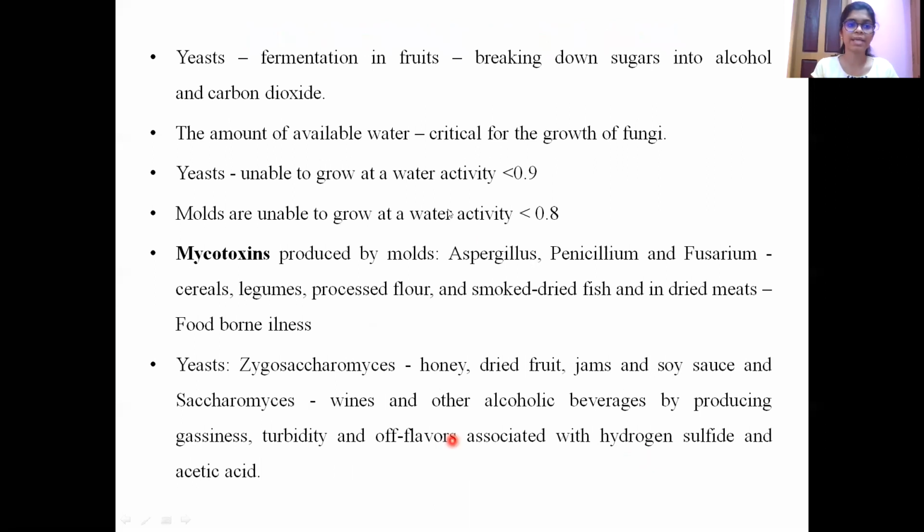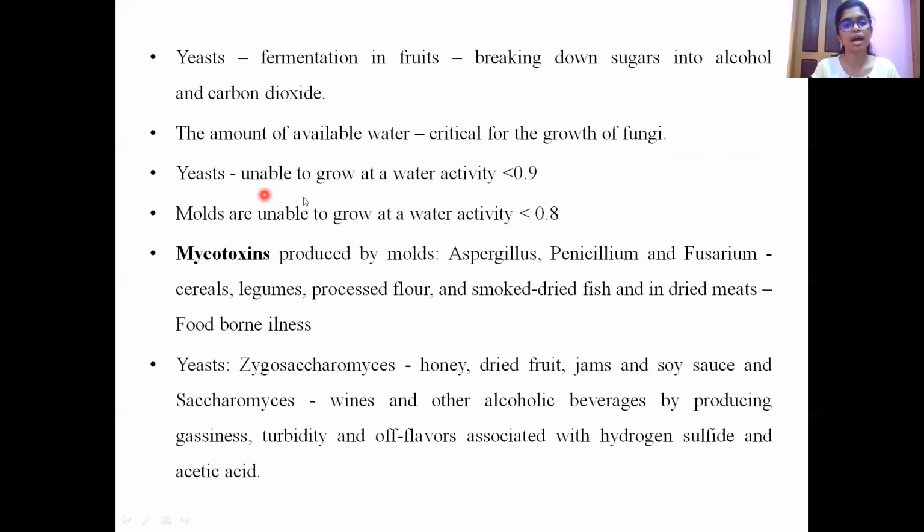So moving on to the next, yeast generally causes fermentation in fruits, and this is done by breaking down sugars into alcohol and carbon dioxide. This production of alcohol and carbon dioxide in fruits also causes an off flavor or off taste in the product.